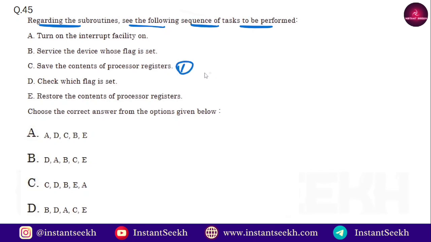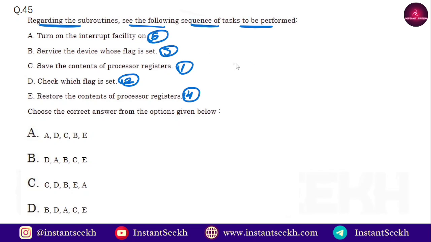After that, we check which flag is set. After that, we service the device whose flag is set. After that, we restore the contents of the processor register, and again we turn the interrupt facility on.